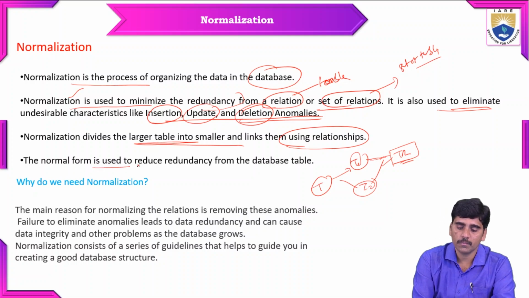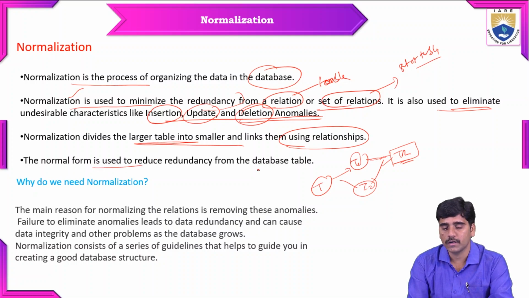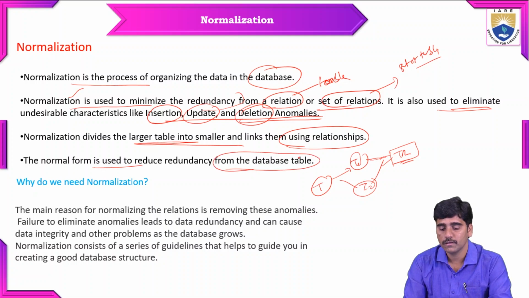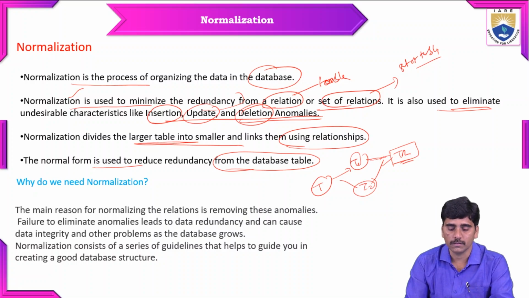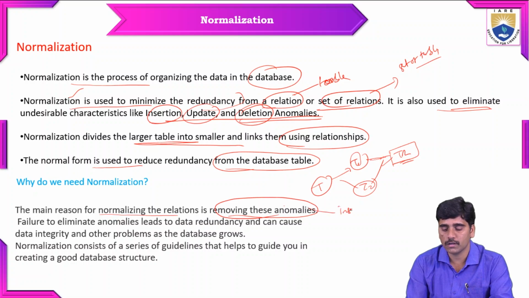So normalization is used to reduce redundancy from the database table. Why do we need normalization? The main reason for normalizing the relations is removing these anomalies: insertion anomalies, update anomalies, deletion anomalies.